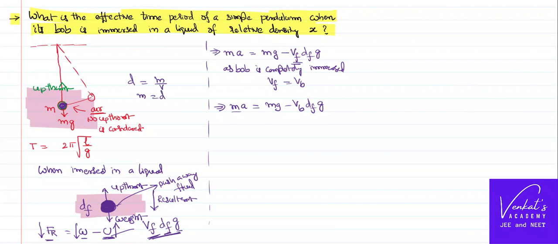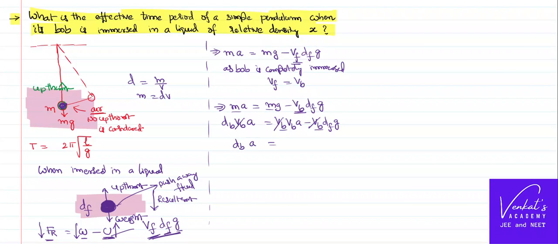So mass is density into volume. So mass can be density of the body into volume of the body, into acceleration, equal to, again in place of mass, density of the body, volume of the body, g, minus volume of the body, density of the fluid, g, because the bob is completely immersed. So in all of them, volume of the body is common, so that can be cancelled.